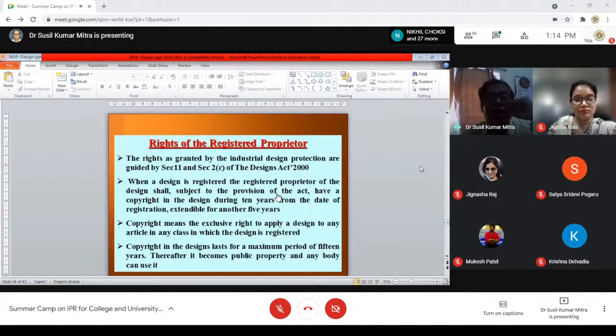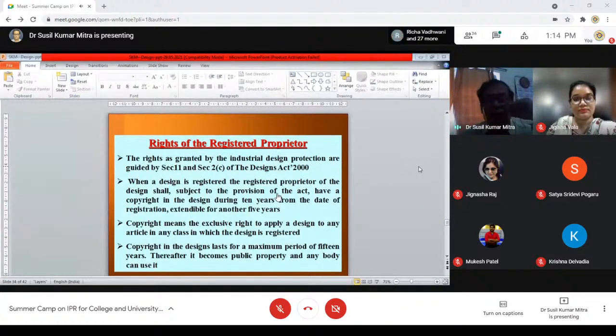So the rights of the registered proprietor: registration is given for 10 years with the exclusive right, and it can be renewed for a further 5 years, so the total is 15 years you can have the registration for the design from the date of filing of the application.